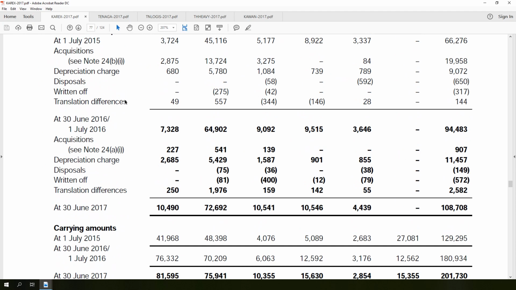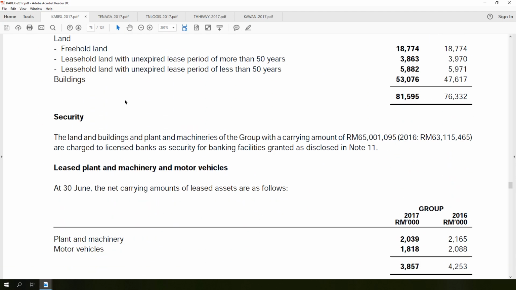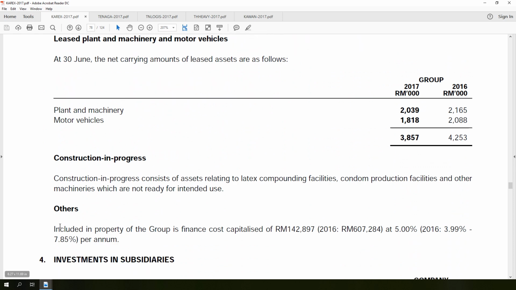Move down this footnote. Here, included in property of the group is finance cost capitalized of 143,000 at 5% per annum.